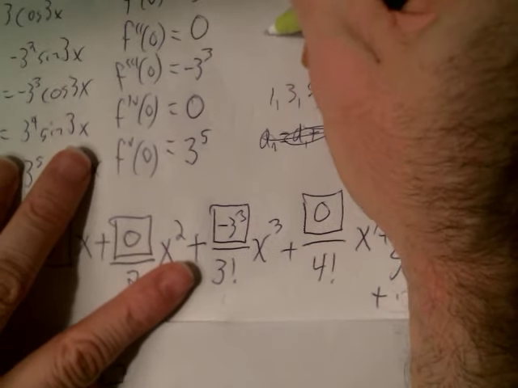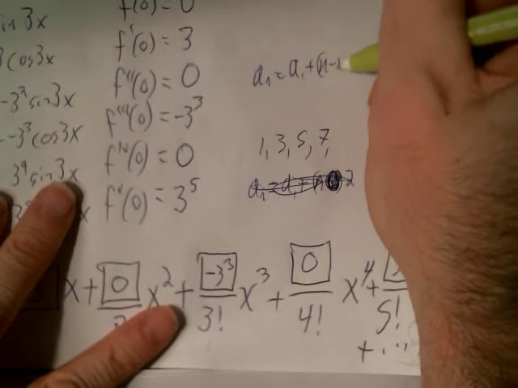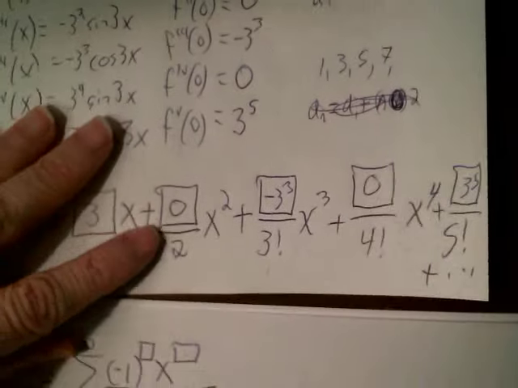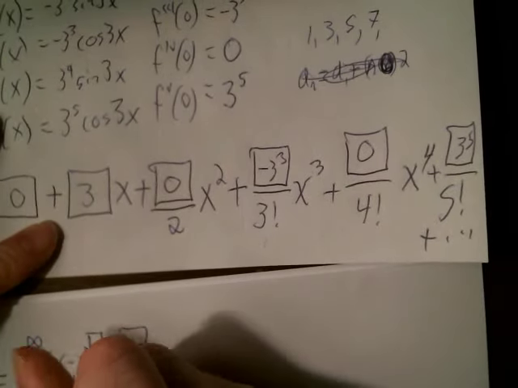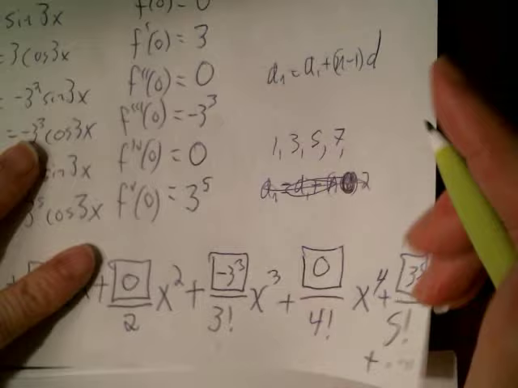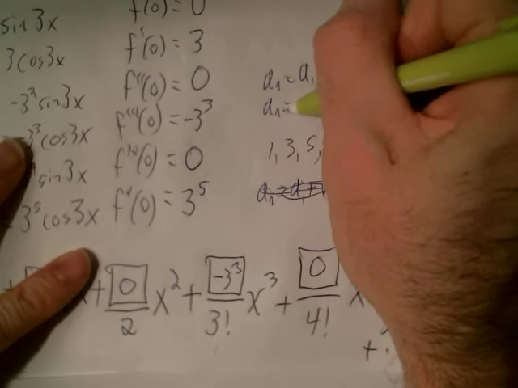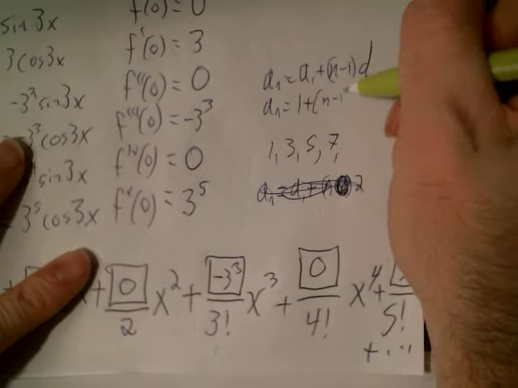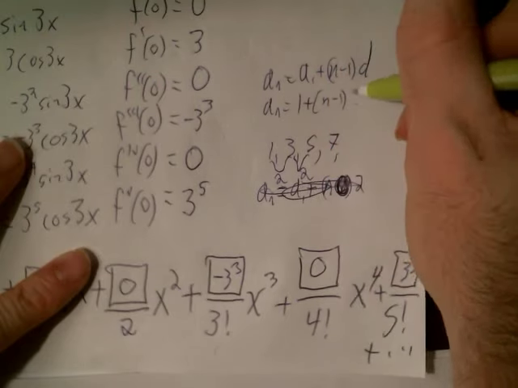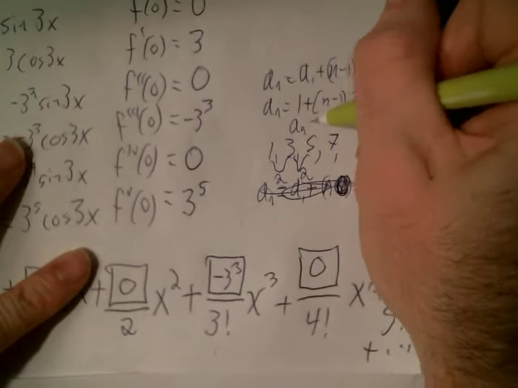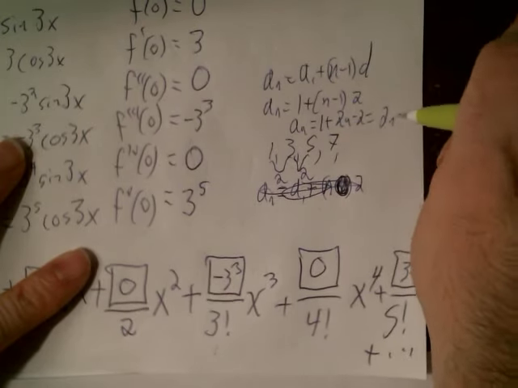So sorry, the standard formula is a sub n equals a sub 1 plus n minus 1 times d. The problem is I know I want my series to start at 0. Okay, so this formula might not be the formula I want, but let's see what it is. So a sub n equals 1 plus n minus 1 times d, the difference between two consecutive values, which is always 2. So I'd have a sub n equals 1 plus 2n minus 2, which equals 2n minus 1.